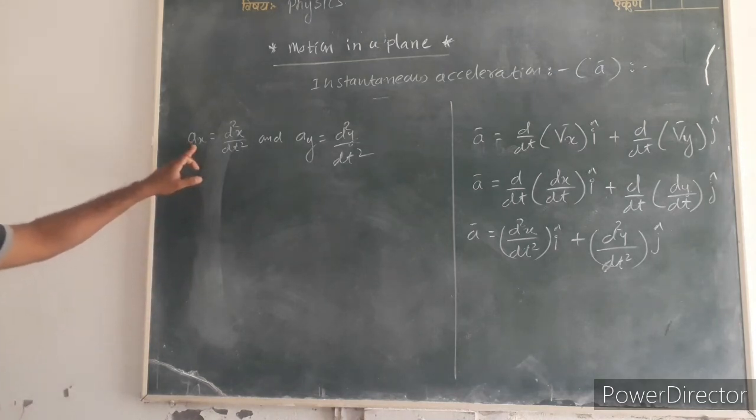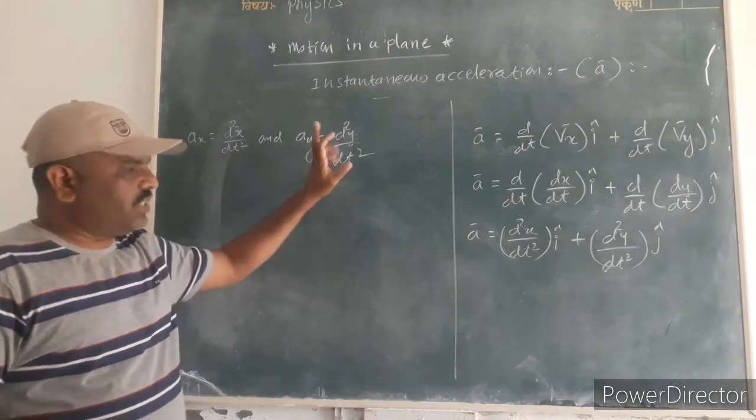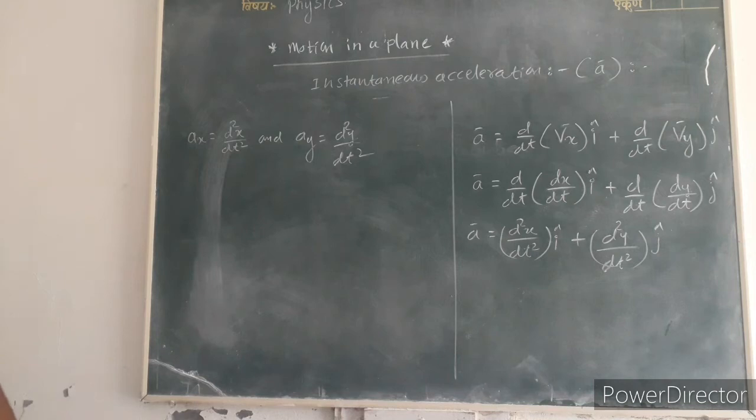Here ax represents the acceleration along the x-axis, ay represents the acceleration along the y-axis.